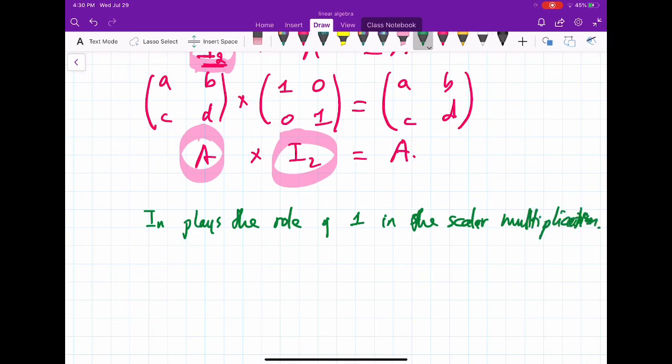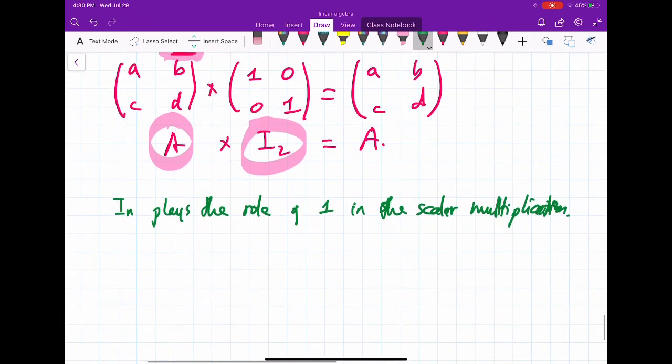Okay, that is really important for the next section, because in that case you might think about two matrices whose product is 1. Okay, but we will talk about that in the next section.